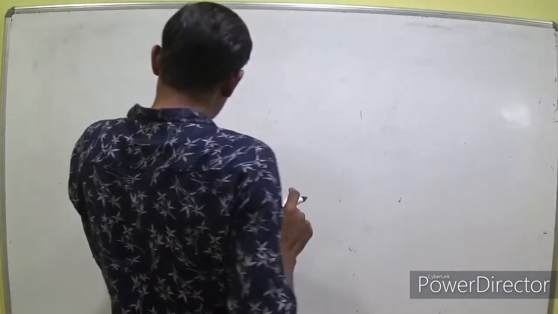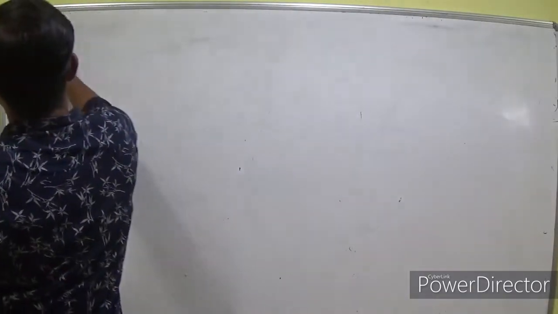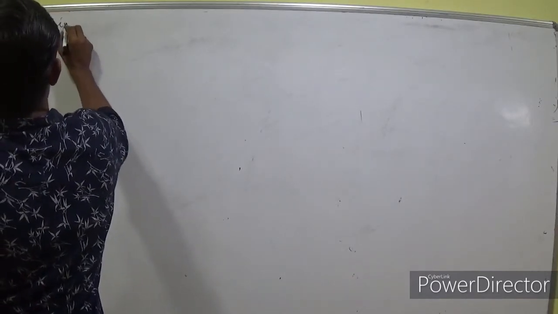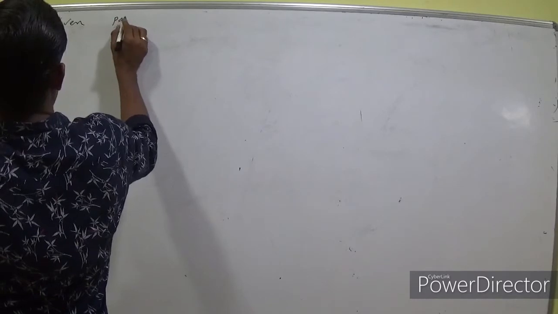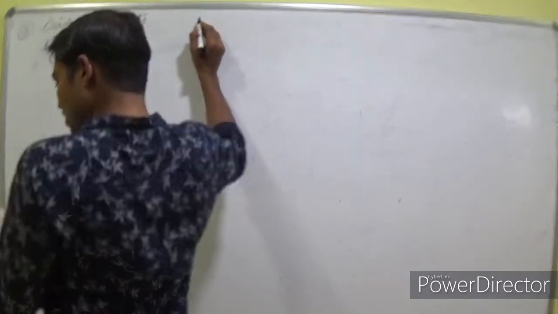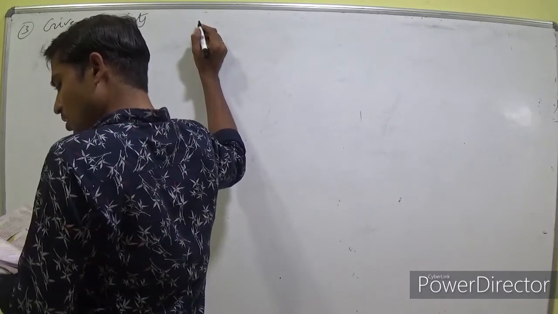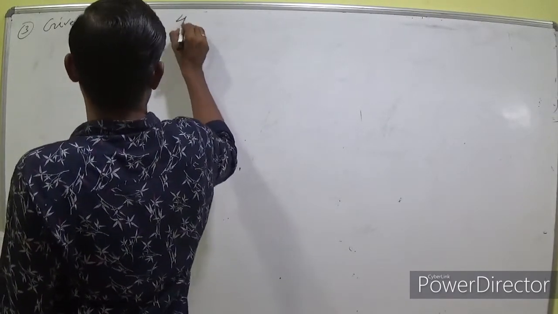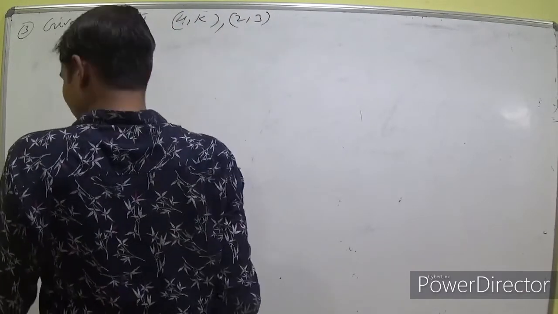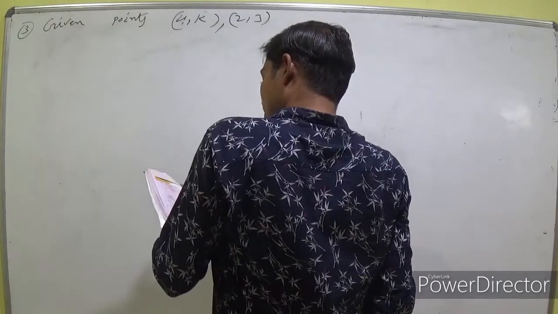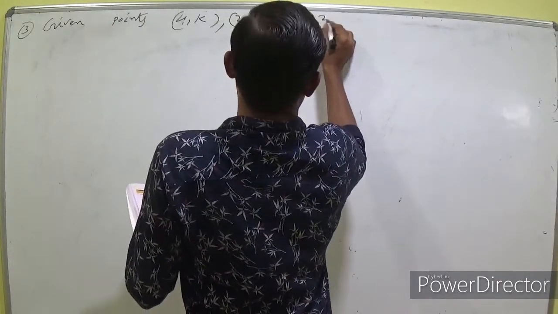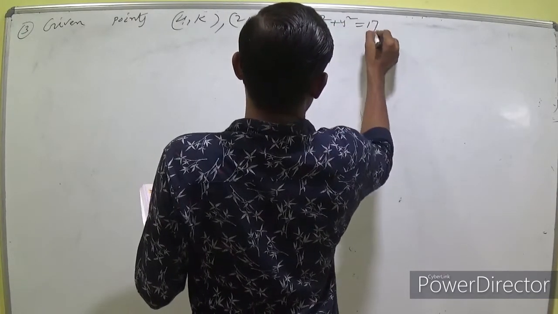Here the given points are 4 comma k and 2 comma 3, and the circle is x square plus y square equal to 17.